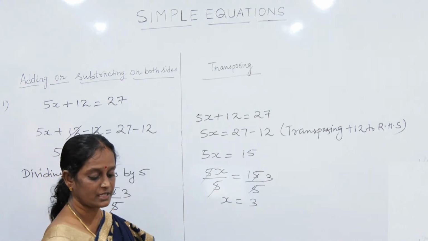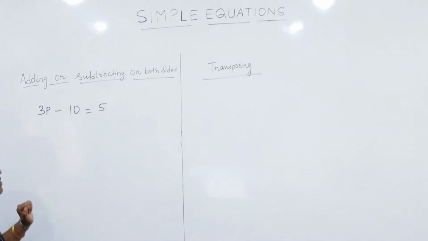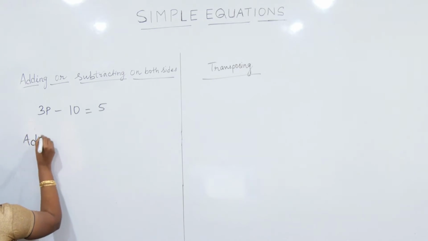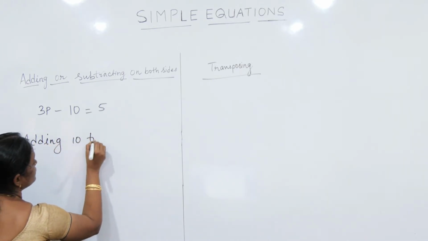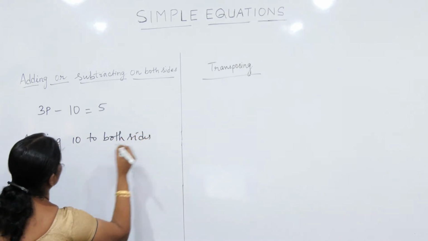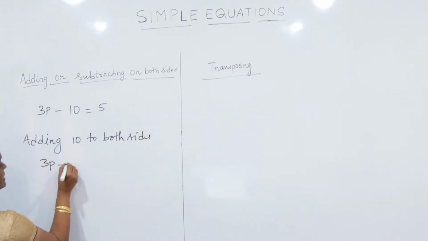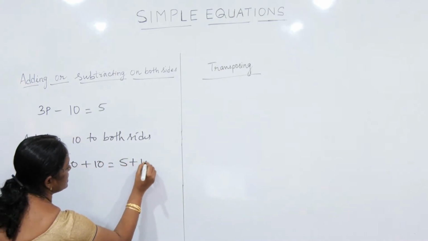Let us take one more example here. The equation is 3p minus 10 equal to 5. Let us solve this by adding 10 to both sides, as we have done earlier. We get 3p minus 10 plus 10 is equal to 5 plus 10.